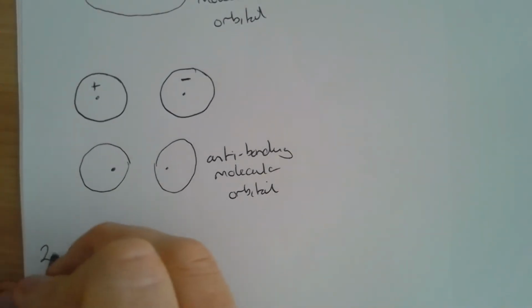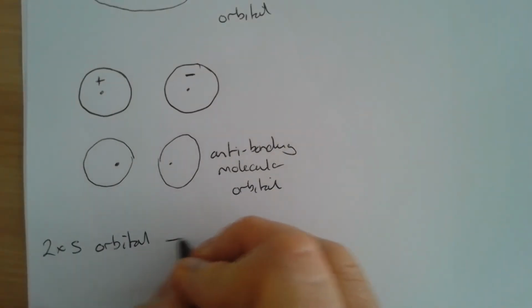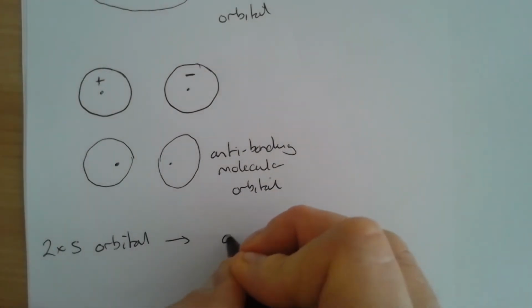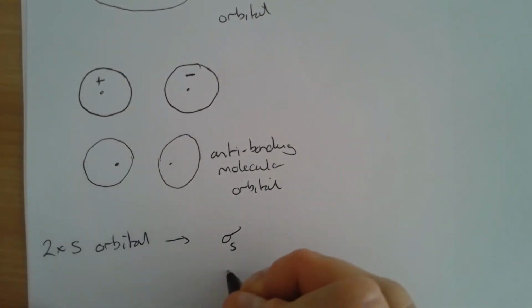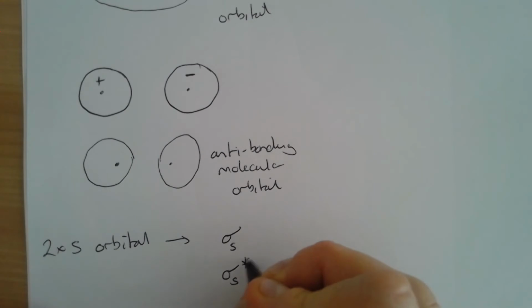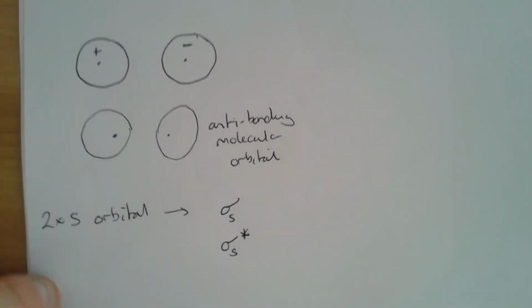So 2 times s orbitals can provide a sigma molecular orbital. In this case, that would be a sigma s molecular orbital because it's made out of s orbitals. But we can also have what's called a sigma star, and that's the anti-bonding orbital.